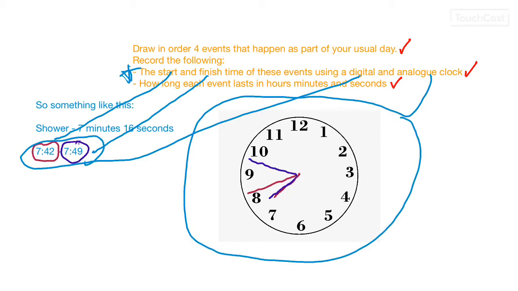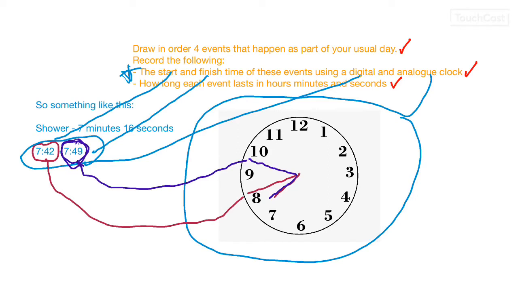Now you should be able to see the color coding here. This is my start time on my digital, and this is my start time on my analog clock. And you can see this here, this is my finish time on my digital clock, and it matches up with the time on my analog clock.